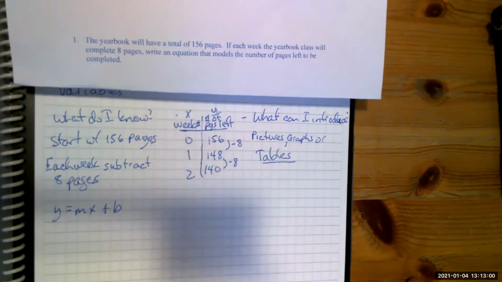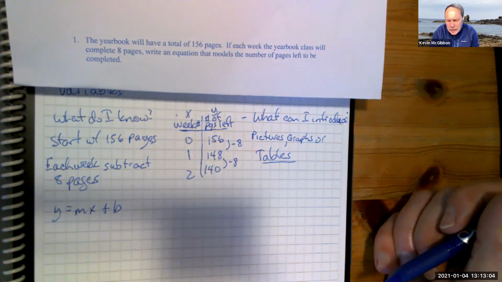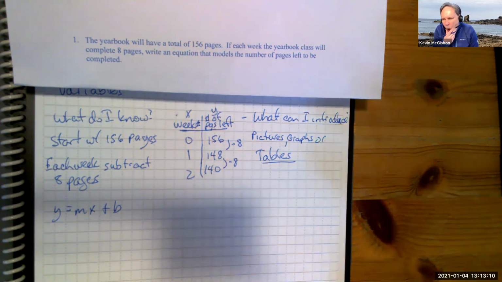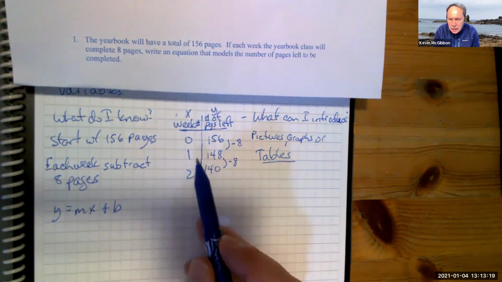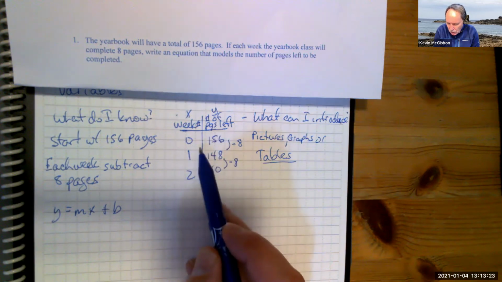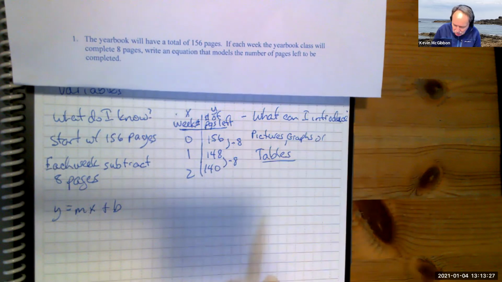Do you remember what the x value was when we had the y-intercept? Can somebody help me with that? Zero? Yeah, okay. That's on our table here, isn't it? We have an x value and a y value. So we could put that in.